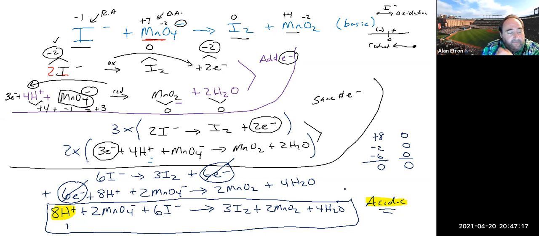Now, obviously, we're looking for basic conditions, so we're going to continue on here, and I'm going to try to recopy this. So I have 8 H pluses plus 2 MnO4 minus plus 6 I minus.